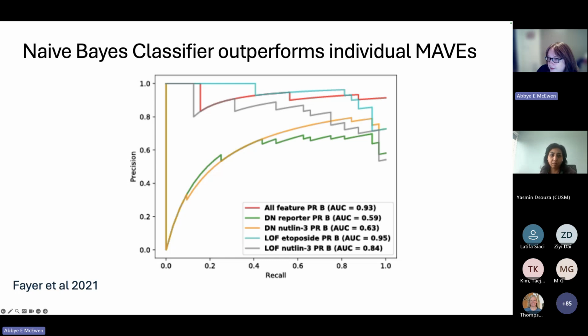But science has gotten a lot more complicated than decision trees. And when you have several MAVEs and you don't just want to pick one, you can also do something like train a classifier. In this paper here, Sean Fair's original paper, he showed the power of MAVEs for reclassifying TP53, BRCA1, and MSH2 and PTEN variants.